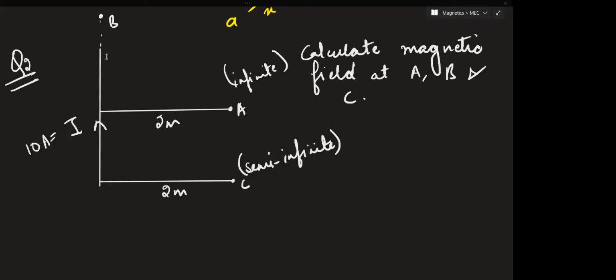What will be the direction? I think the best method would be the second method, where you place your fingers in the direction of current and curl your fingers towards the point, A point, B point, whichever point. Krishna is correct. C part, okay, Krishna has done the C part as well.